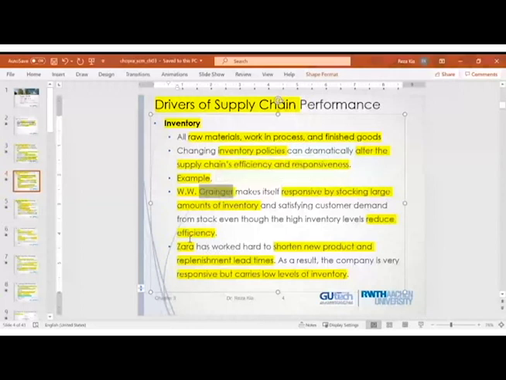Zara, as you are familiar with this brand, wanted to introduce new products rapidly, and they also wanted to shorten the replenishment lead time. It means that if you visit one Zara store and visit the same store 2 weeks later, you see new product has been replenished on the shelves. They wanted to stay responsive, but with a low level of inventory.